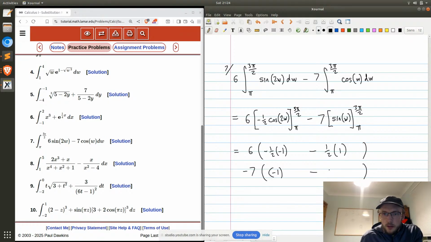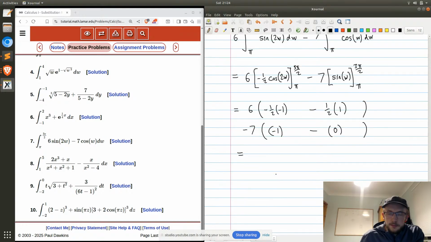It is 0. Okay, so evaluate. That's a half. And I'm taking away a half, so 0. And 6 times 0 is 0, so 0. It's minus 1, so plus 7. So I think it's just 7.